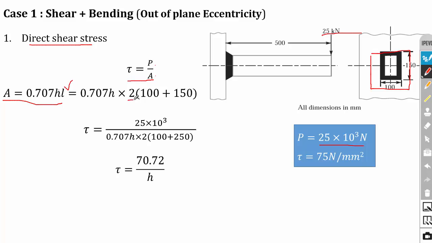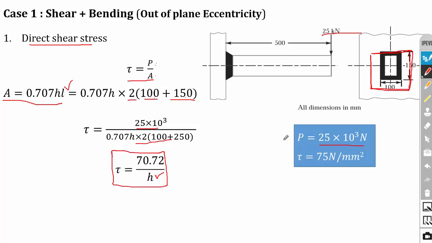So it is 2 times 100 plus 150. So the overall length of the weld, you start from here, it is 150, then 100, then 150, then 100. So 2 times 100 plus 150, this is the area. You can substitute that in the equation P and A. I have substituted it. Finally if you solve this, you will get tau is equal to 70.72 divided by H. H is the weld size.